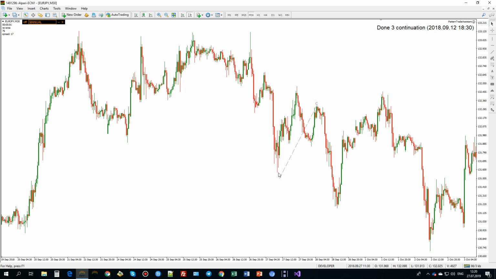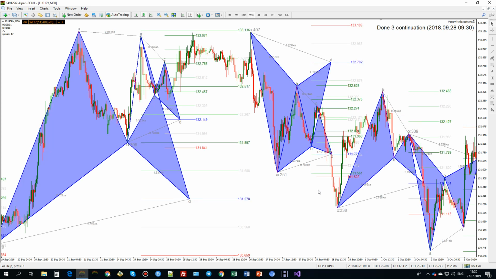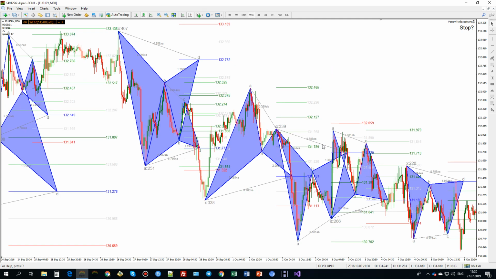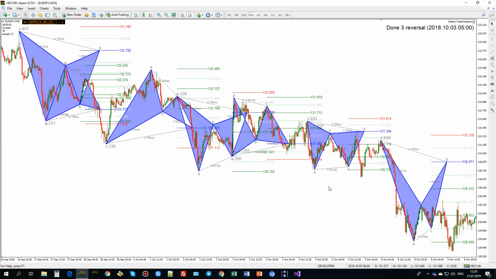All the data, including time, stop, entry, and the B point ratio, C point ratio, so all the patterns can later be filtered, and you can make your decisions either to trade these patterns as reversal patterns or continuation patterns.